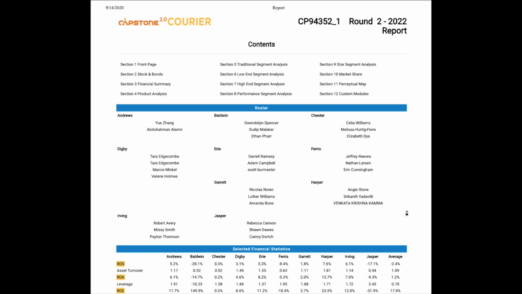When I first took Capstone, the sim, I did a lot of research online. Some of the advice is good, but some of it is not. To get to know Capstone more, I recommend you go to the help and resources.